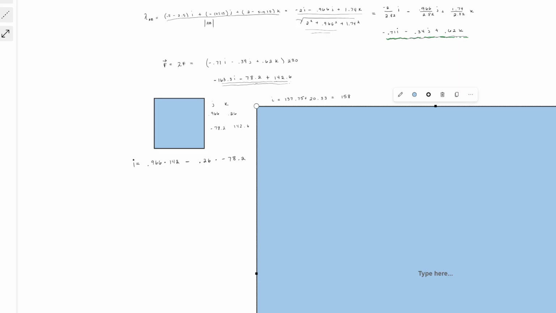Right here I'm adding because when you subtract these two, it's going to be negative, and a negative minus a negative is an addition, is positive. So it's 137.75 plus 20.33, and you're going to have a 158. And since what the question is asking for is the magnitude of x, that's all you need right here.